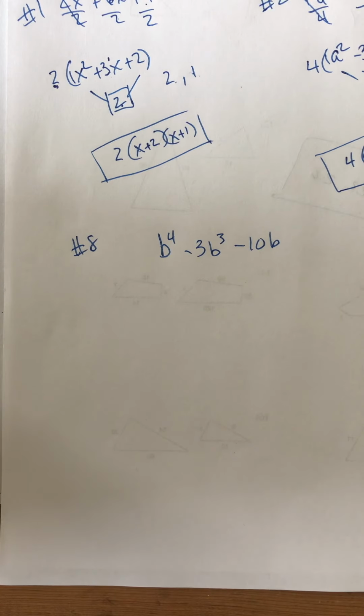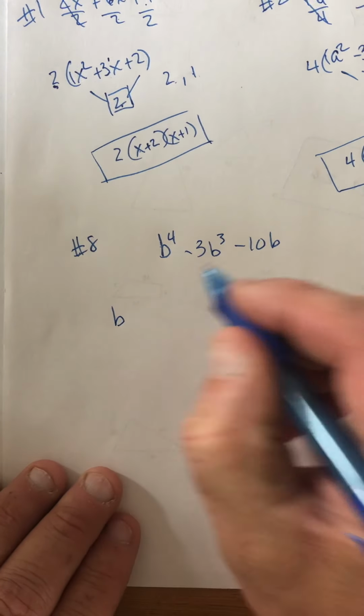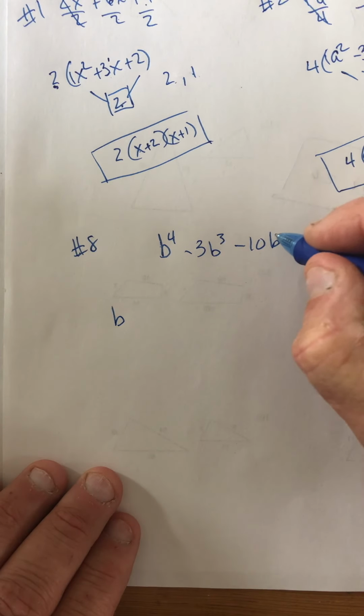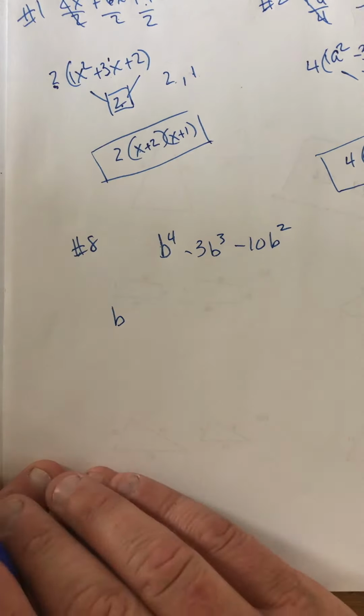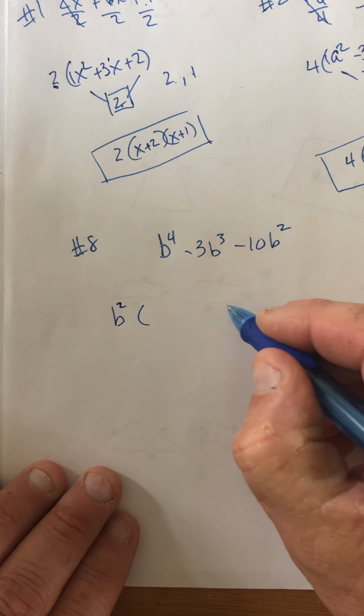There is a greatest common factor. Each one of them has at least one b, so I can take out a b. I'm sorry, this is b squared. So they each have at least two b's, so I can take out a b squared.